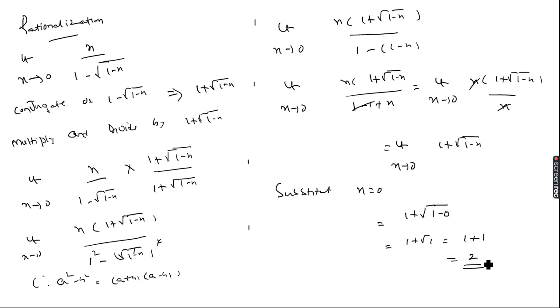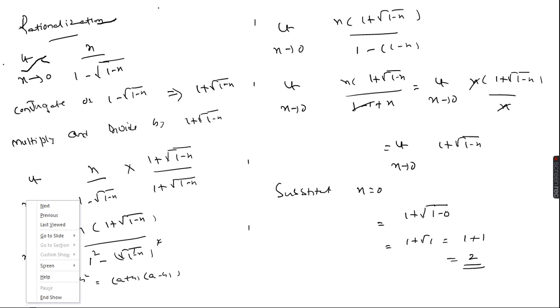So therefore, what is rationalization? When do you apply rationalization? For a limit like x tends to 0, x by 1 minus root of 1 minus x, in this form, either in the numerator or denominator, we apply rationalization.